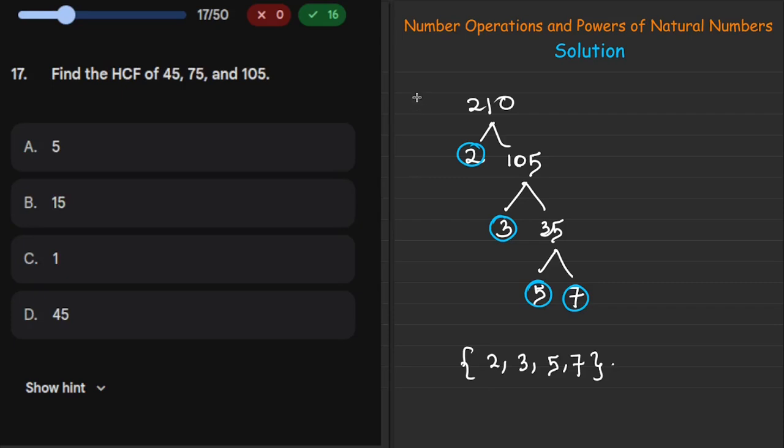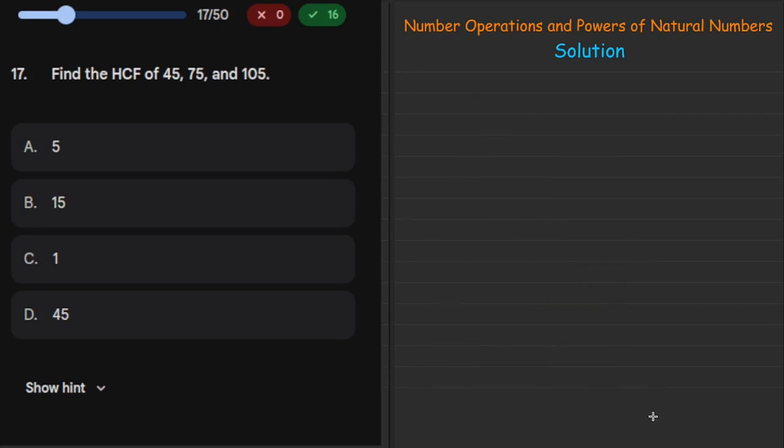Question number 17. It says we want the highest common factor of 45, 75, and then 105. This is the best example of the reason why you need to use what? The table method. So we have our 45, then the 75, and then 105.